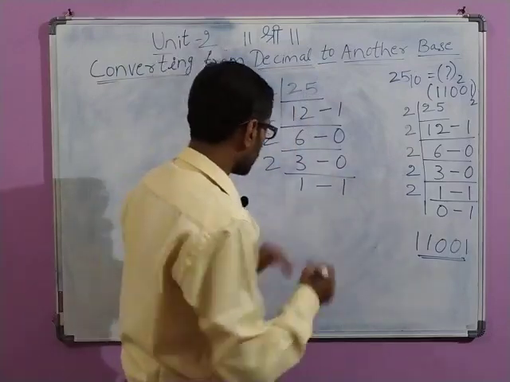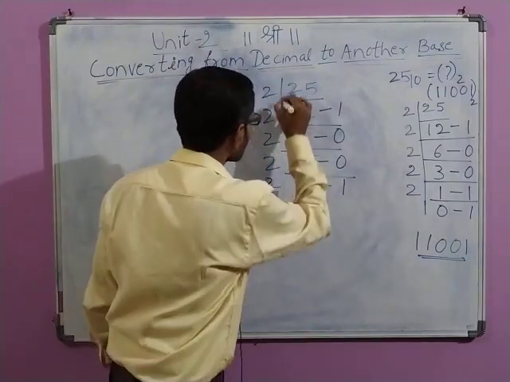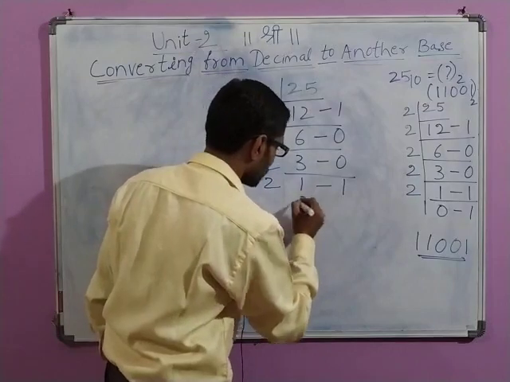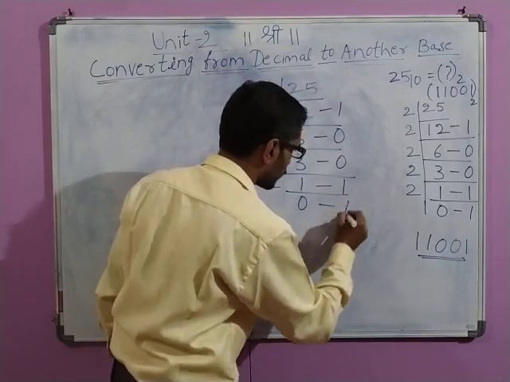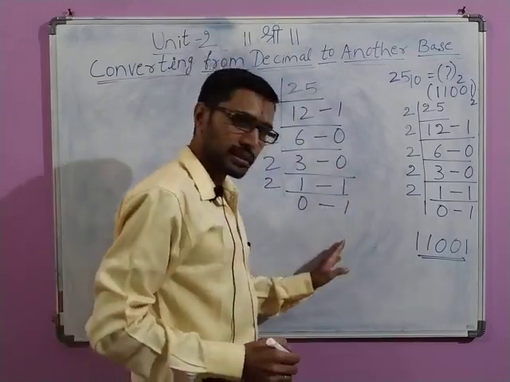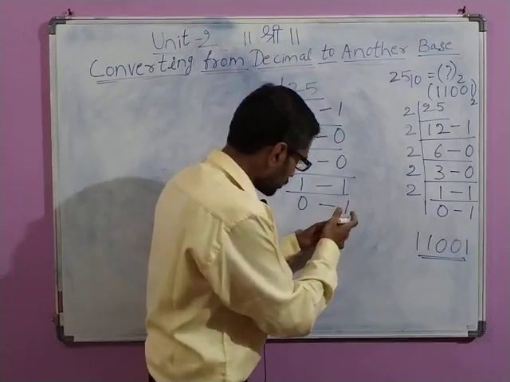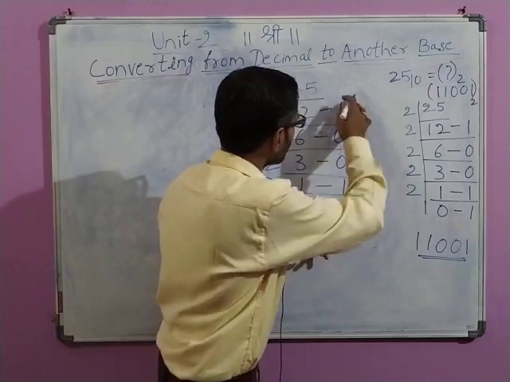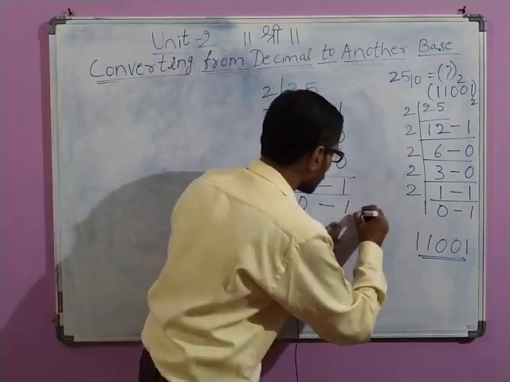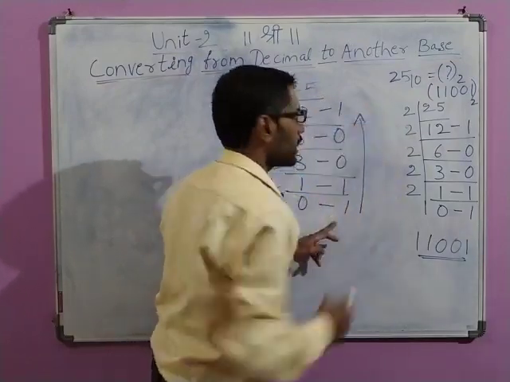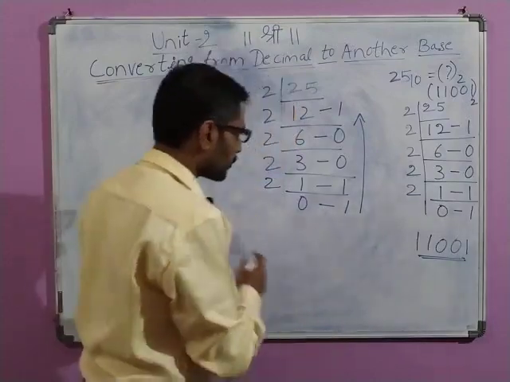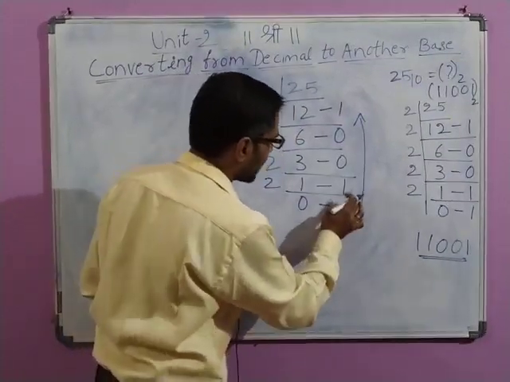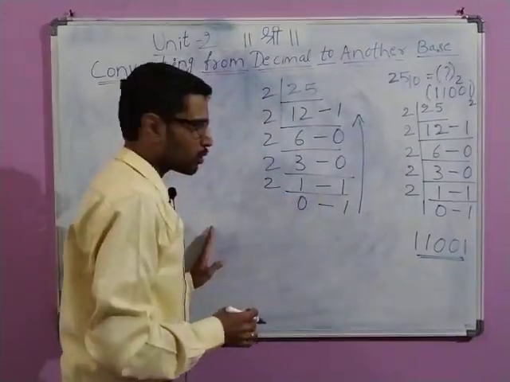Okay. After this, you can write it as 0. This is not possible, and remainder is 1. Once you complete this, from the bottom value to the top value, you just put an arrow mark here like this, and from your left side go on writing all the remainders.